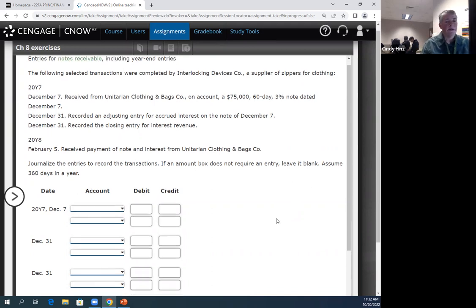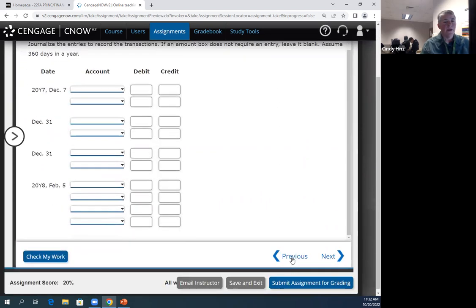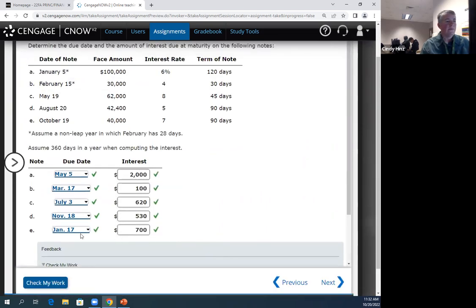Oh, sorry, I did want to say one more thing about this previous exercise. This final note that was made on October 19th and then was due on January 17th, if this company uses a December 31st year end, they would have to make an adjusting entry to accrue the interest.